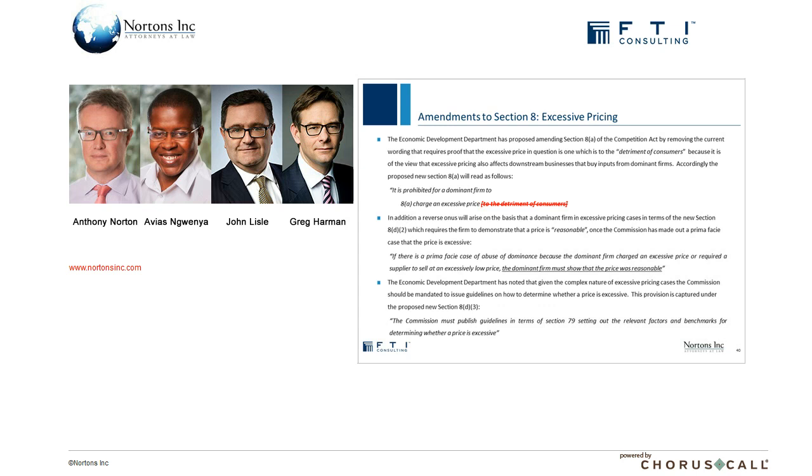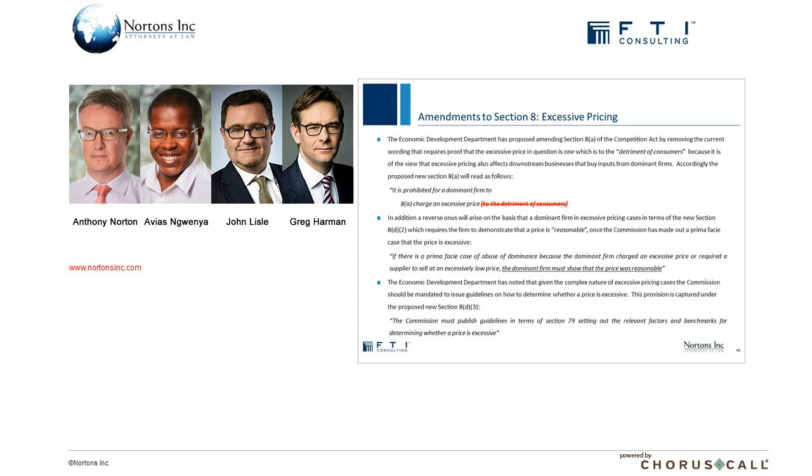But is a price unfair? Is it reasonable? That becomes far more of a value judgment and a discretionary test than the type of test that Greg outlined about economic value. So this, we think, will have a significant impact on the standard of proof and on the onus if it were to come into operation.